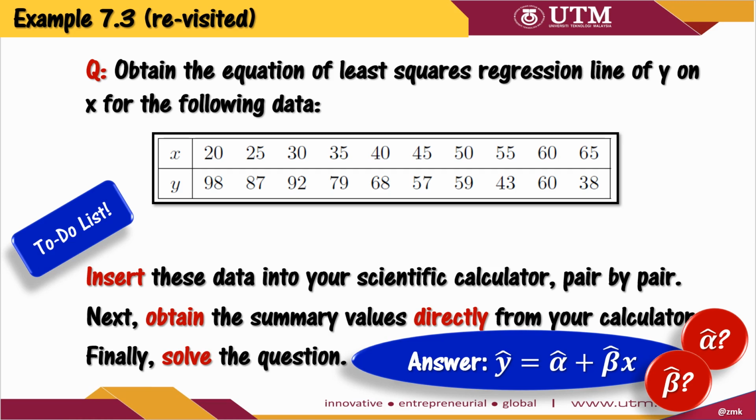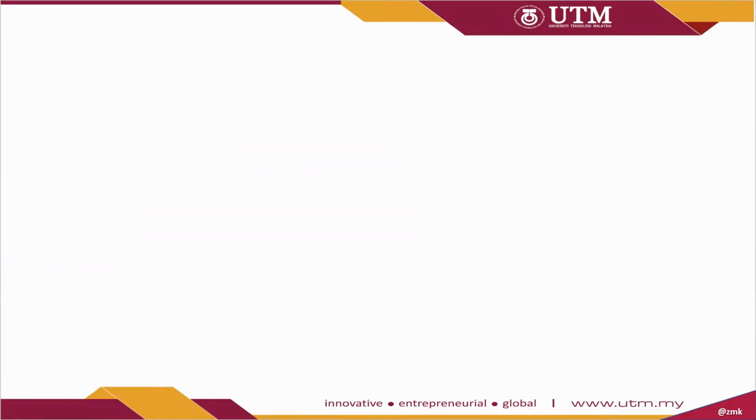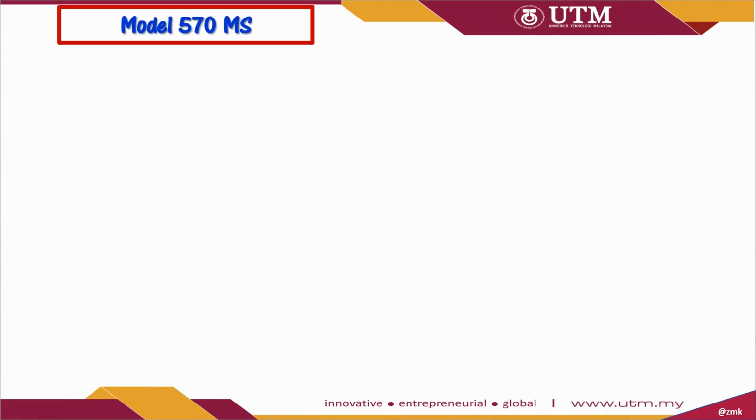To get the estimates of alpha and beta, you can either use the formula and calculate from there, or you can quote the estimated values directly from your calculator and insert those values in the straight line equation. Based on 570MS calculators, you may press the related calculator buttons or operators to get the values of necessary elements as listed in this table.